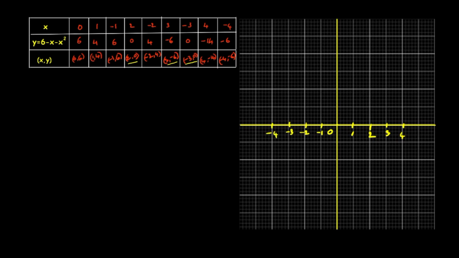On this side we take positive 1, 2, 3, 4, 5 and this is 6. Don't forget, this is the x-axis and here it is x dash, that means the negative x-axis, this is the positive y-axis, and here it is the negative y-axis.